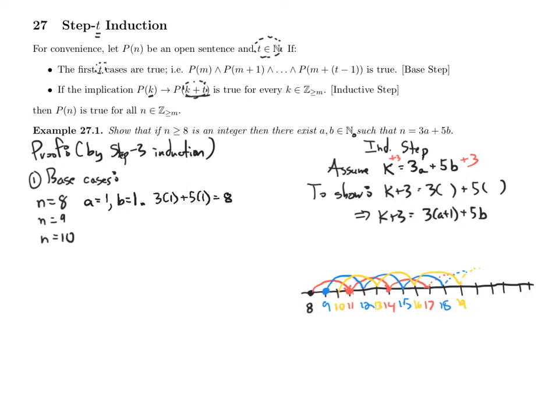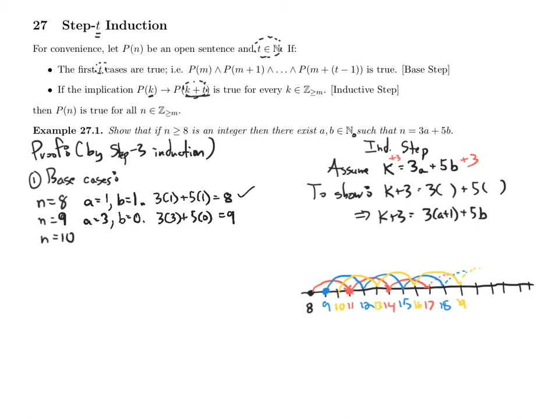And as a little mini exercise, I'm sure most of you guys can see this. How do we do it for 9 and 10? Well, for 9, we know 3 3's are 9, so let a equal 3, and let b equal 0. Then 3 times 3 plus 5 times 0 is 9.